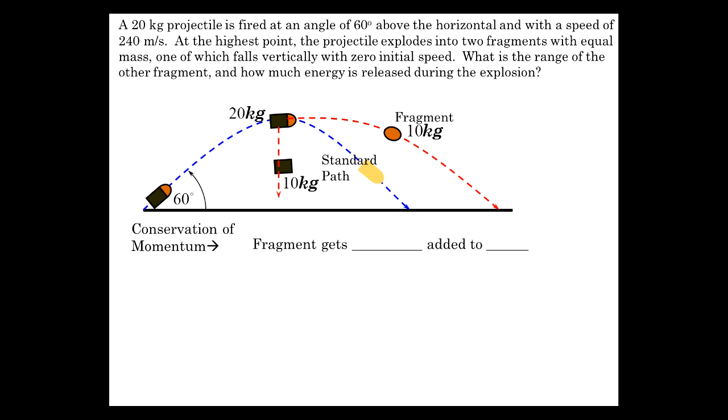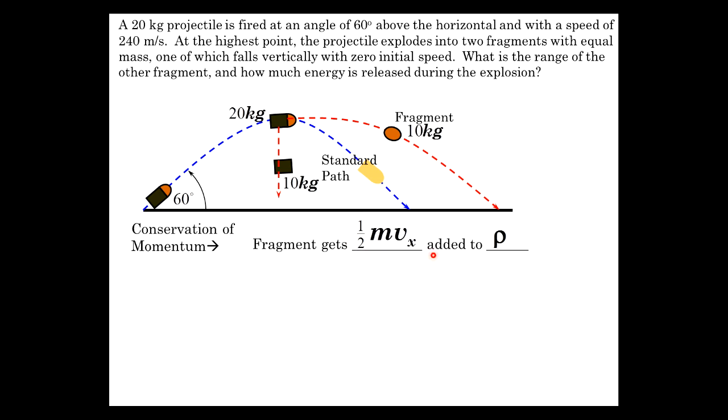Conservation of momentum says that the fragment gets the same amount of impulse that was lost by this fragment. You could probably do that in your head since it's half of the mass. But in any case, it gets 1/2 m Vx. Now this is not energy, this is a momentum component.